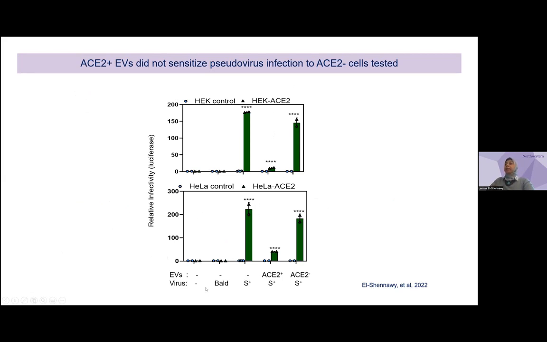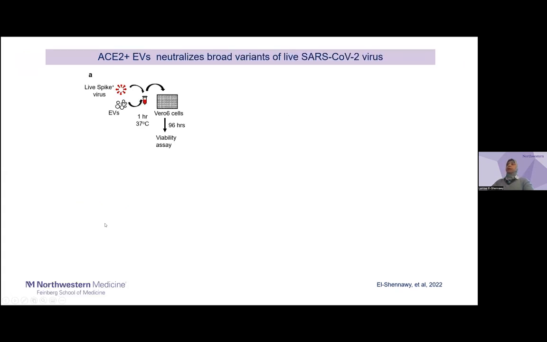With or without the vesicles, the virus infects ACE2 positive cells only. This was something important that we needed to confirm. And so after this, we moved to the live virus. And so we incubated live spike virus with, again, our vesicles, whether ACE2 positive or the negative controls.